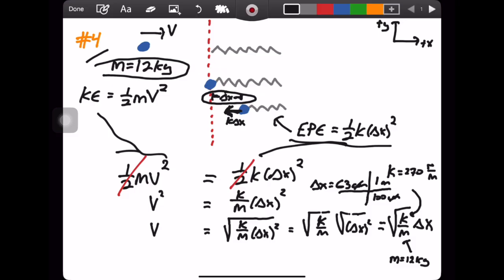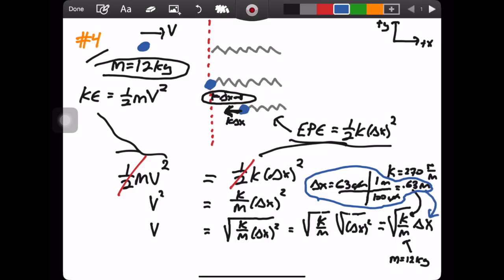Centimeters cancel, and I'm now in units of meters. When I'm dividing 63 by 100, I have to move the decimal point 2 places to the left. So that's equal to 0.63 meters. And this delta x that I'm circling in blue, that goes right there.